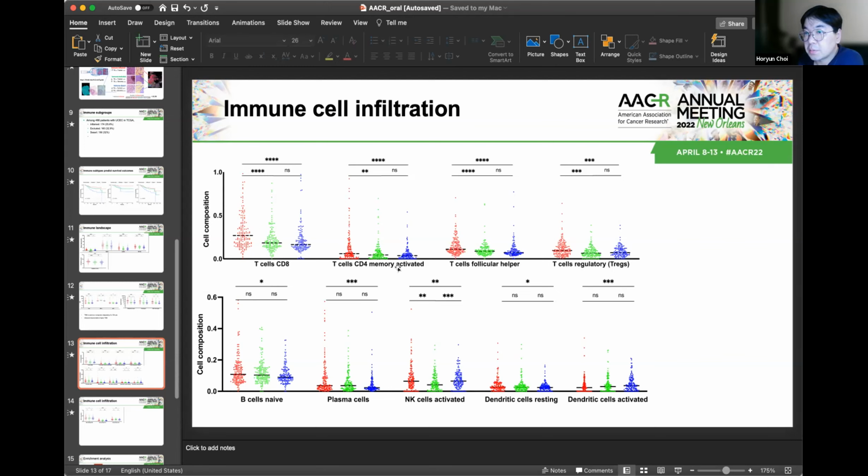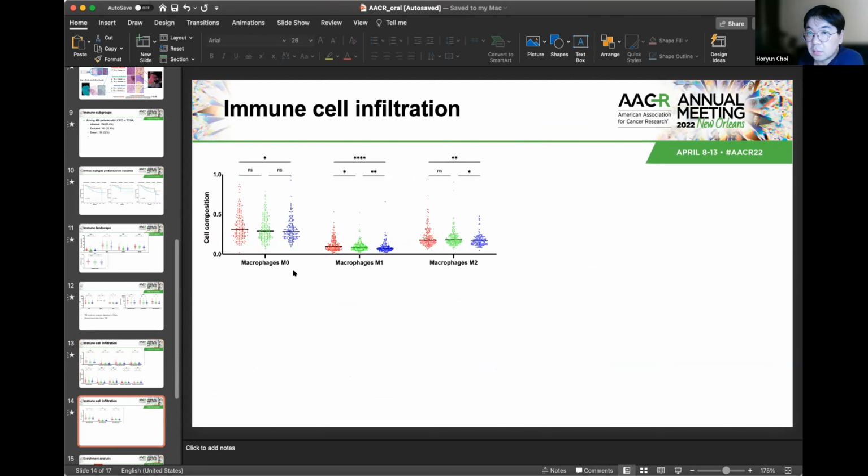CD4 memory T cell as well, and other T cells also. So this is immune cell infiltration. There is some difference between the immune subtypes regarding macrophage as well.